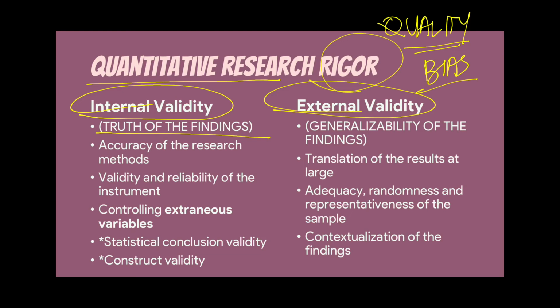So again, in order for you to ensure internal validity, you have to make sure that the research methods you're using are accurate, because if they're not, then of course garbage in, garbage out. Wrong research methods, wrong findings.